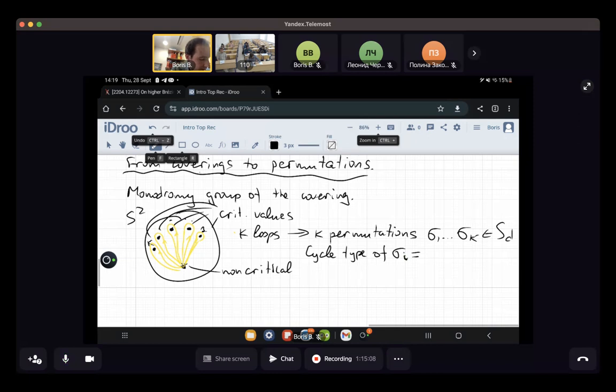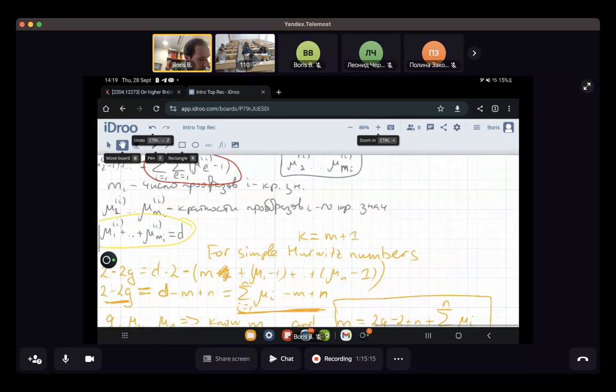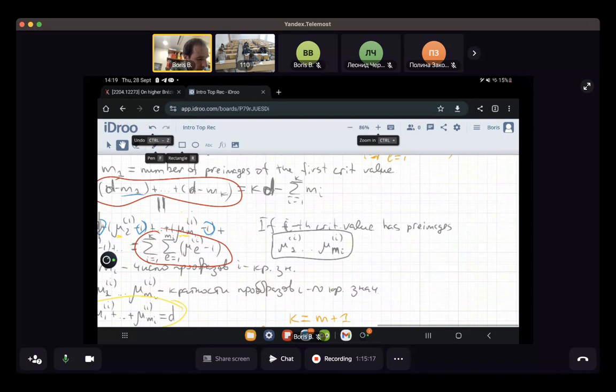То есть длины циклов этой перестановки сигма i в точности равны вот этим μ, которые здесь были.